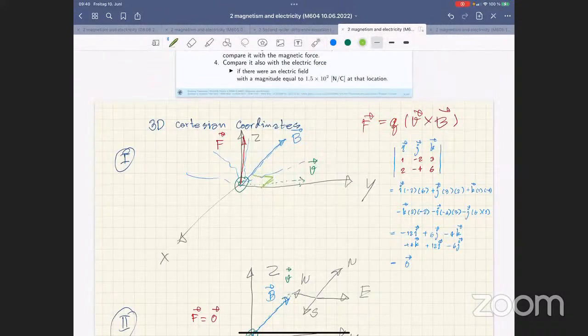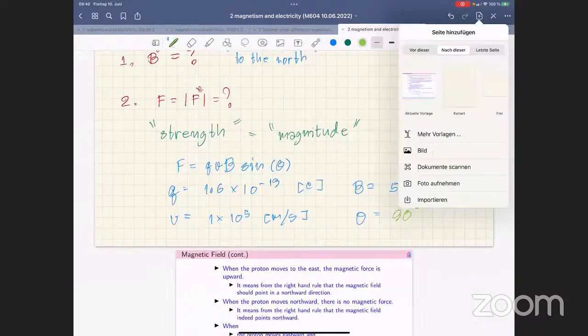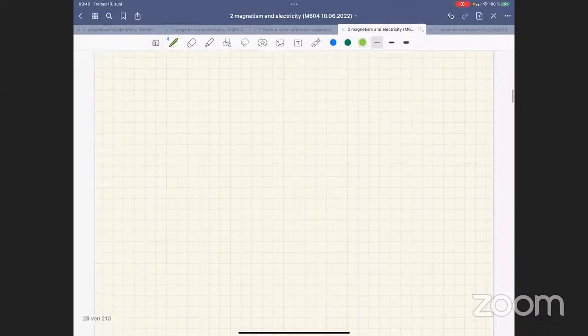And this angle is the right angle. It's 90 degrees, right? Theta is 90 degrees.